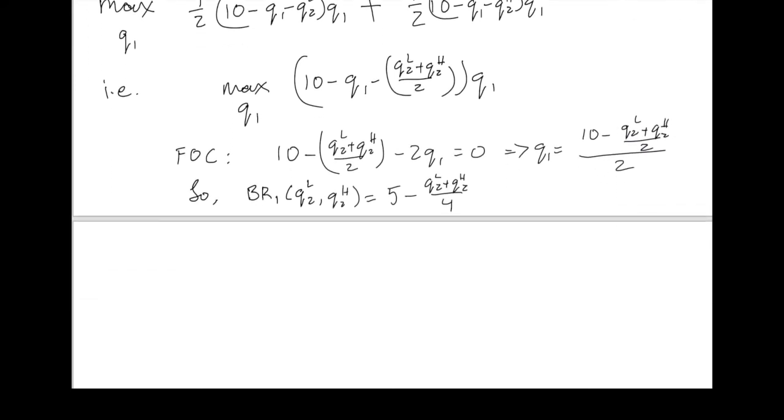Now, we've got all these best responses, so we can set up a system of 3 equations with 3 unknowns. So in equilibrium, we have the following. Q2L has to be a best response of the low type of firm 2 to Q1, so it has to be equal to 5 minus Q1 over 2.